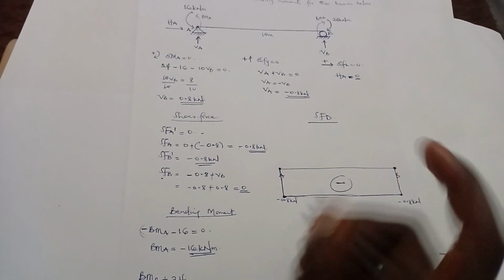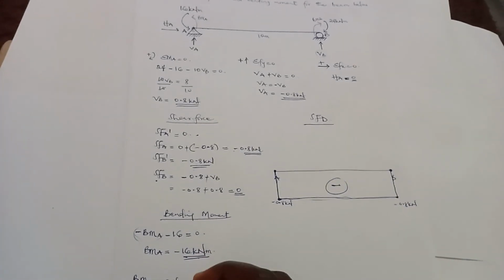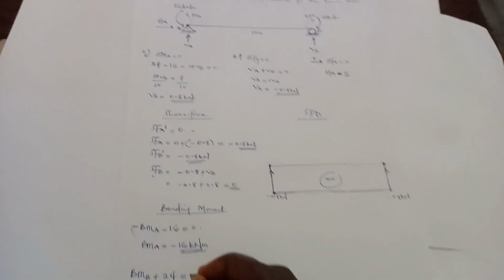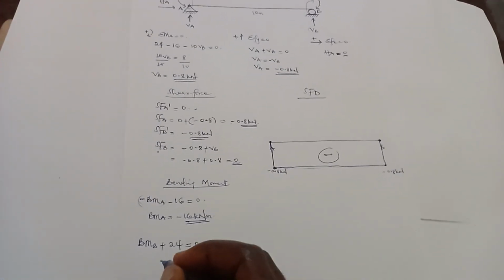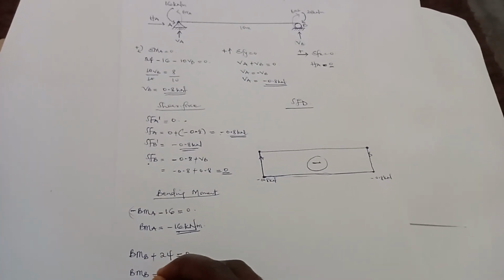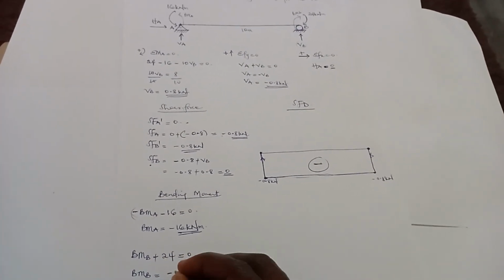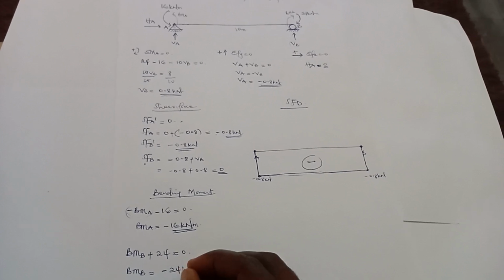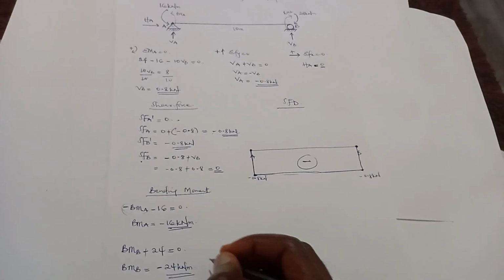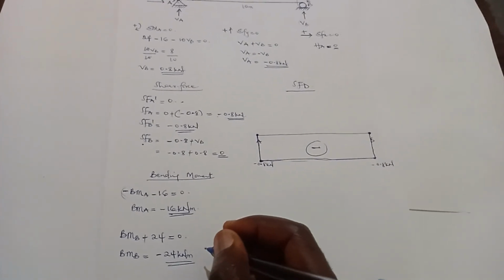It's an existing moment. These are the only forces that will cause moments. Everything here is equal to 0. So BMB is equal to negative 24 kilonewton meter. These are the calculations for the bending moment.